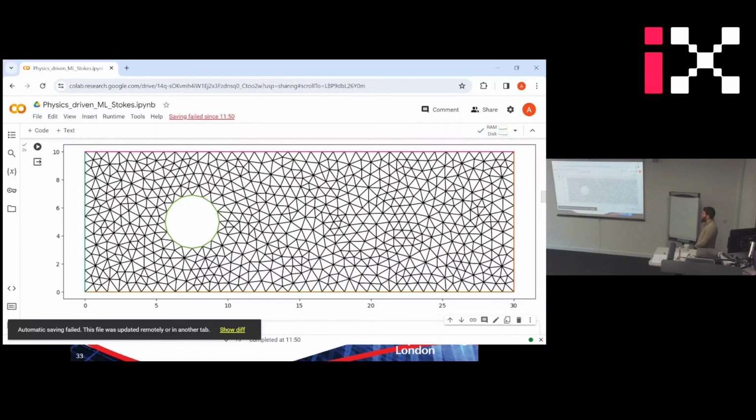I don't think it's randomly sampled, but it was generated by making sure that you have a homogeneous size of triangles. Yeah, there's a circle there. Exactly. You have a lot of notions when it comes to mesh, like conformity and a lot of other things. But basically, it was generated in a certain way so that you have a homogeneous size of triangles. All right. Did everybody manage to run that?